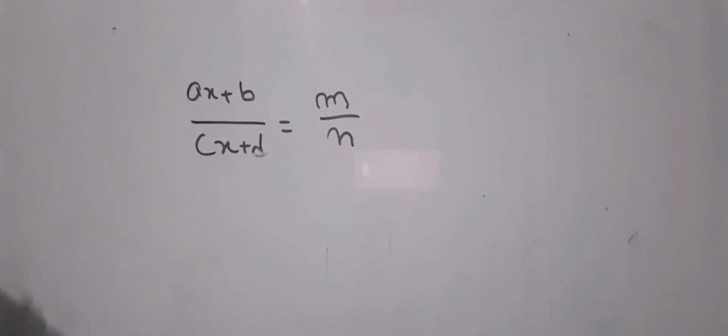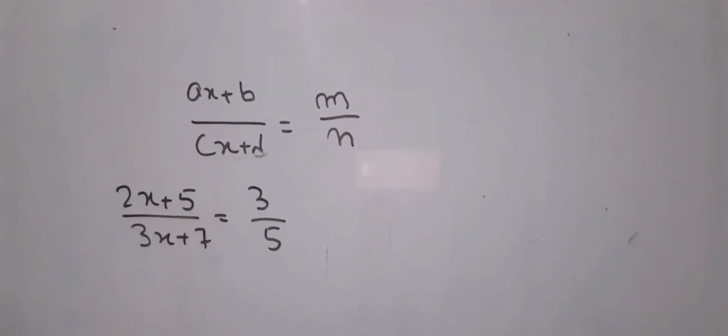So if you see this equation, they do have denominators. I will show you with an example what you have to do and how. This is the equation they have given. Whenever you have denominators, you have to take out the LCM of the denominators.